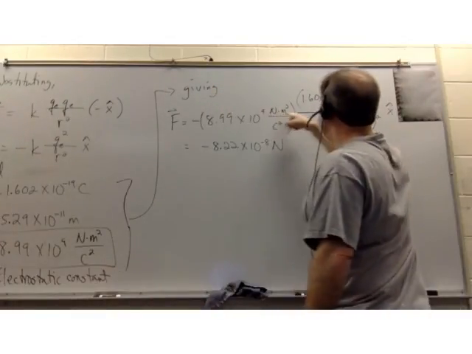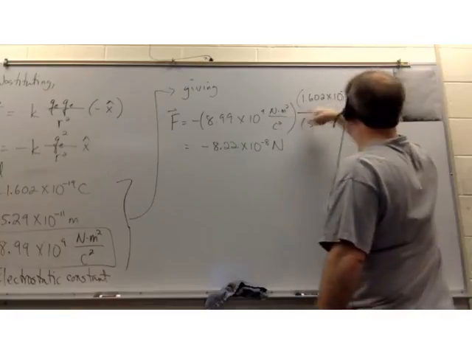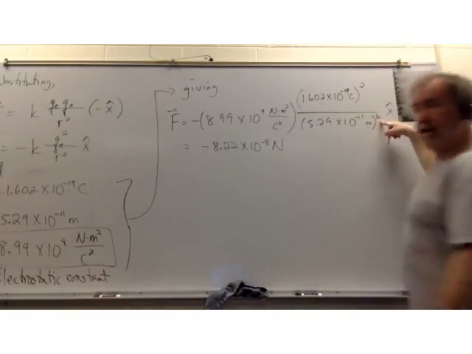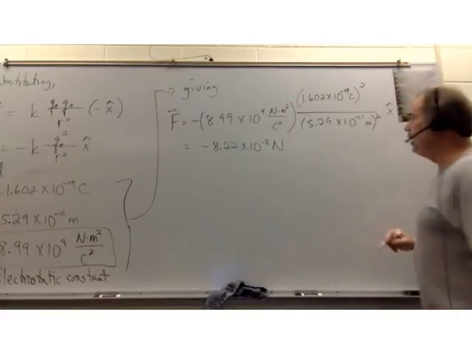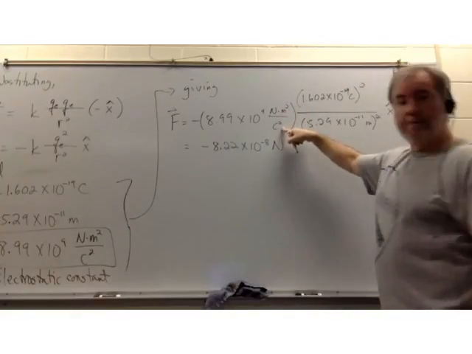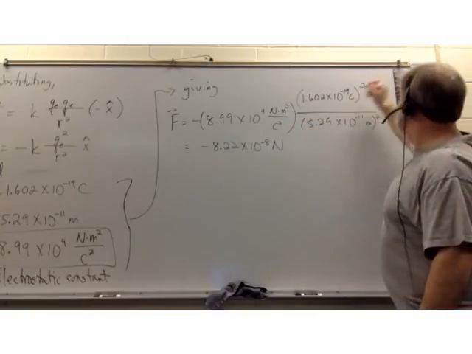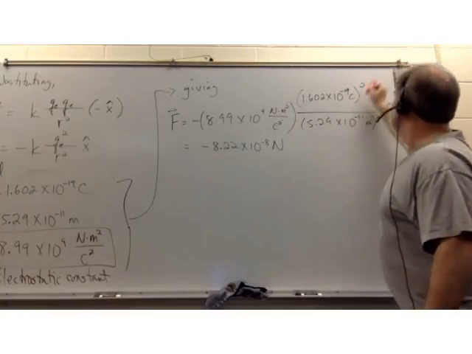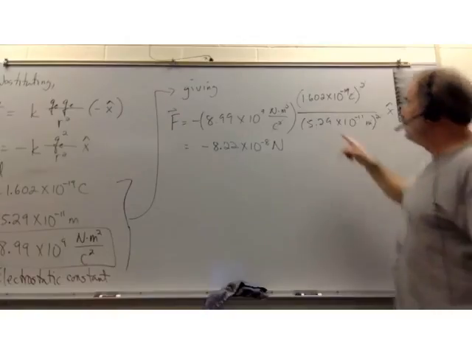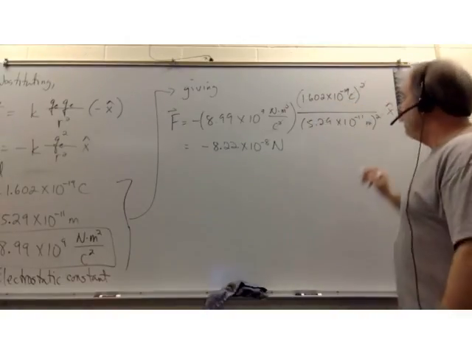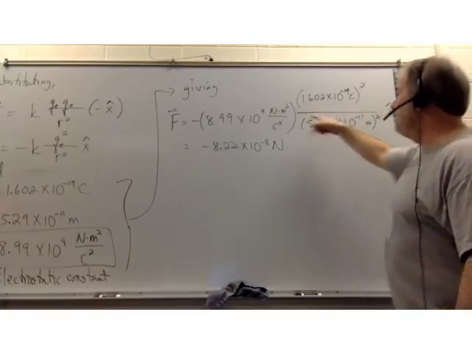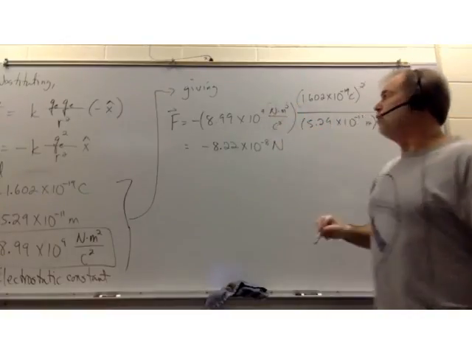Let's see, newtons, meters squared in the numerator, meters squared in the denominator, so the meters squared cancel. Coulomb squared in the denominator here, coulombs squared in the numerator here, but of course you still have to square the 1.602.